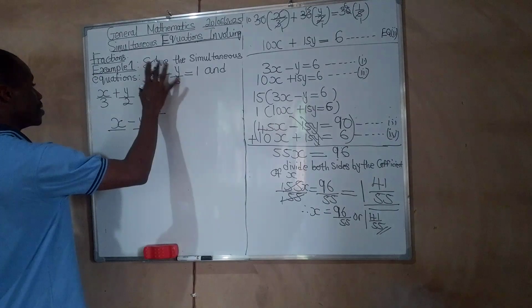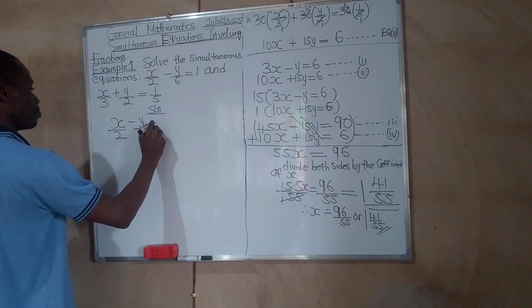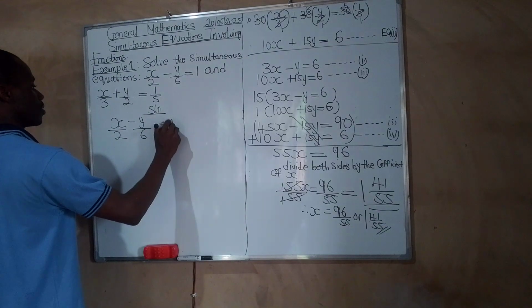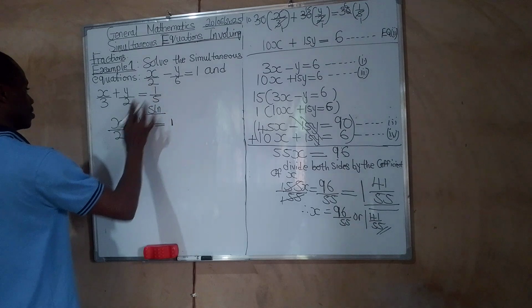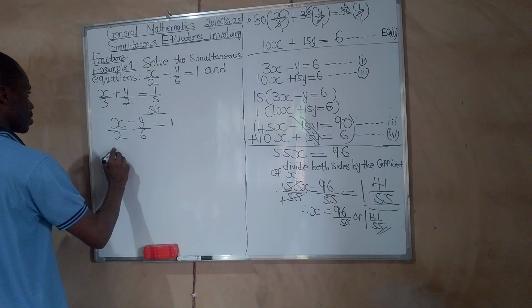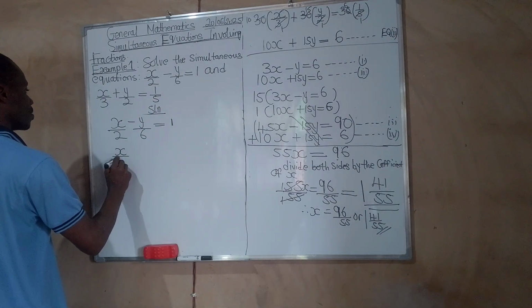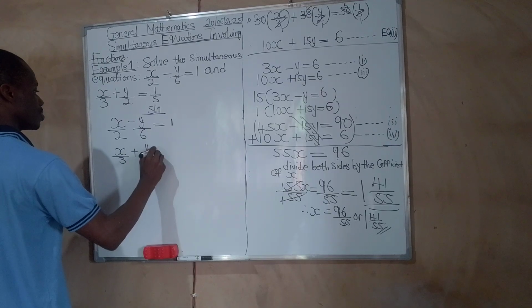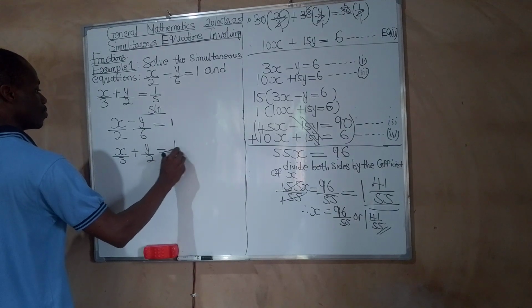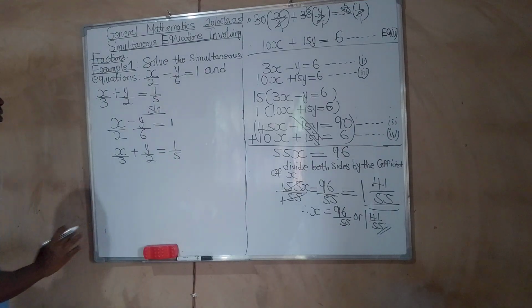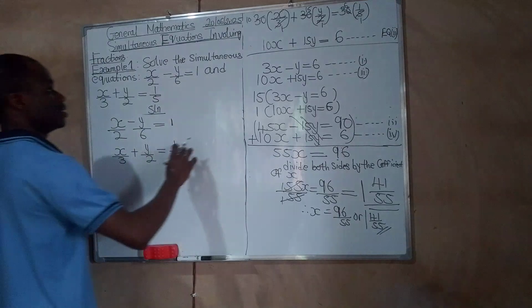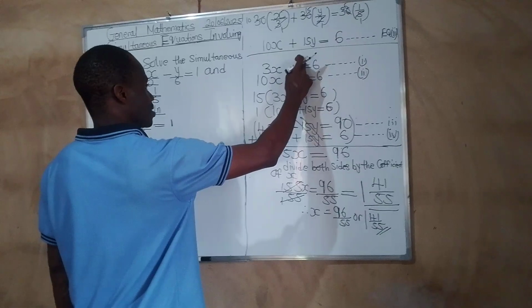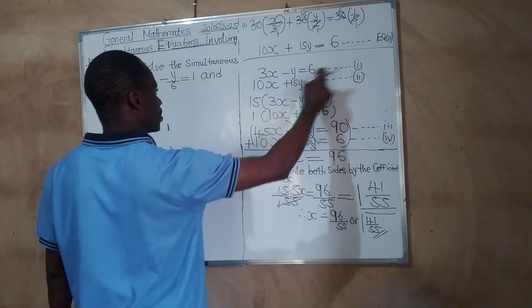Remember, this is the basic question, how the question came initially. Then this one is x over 3 plus y over 2 is equal to 1 over 5.